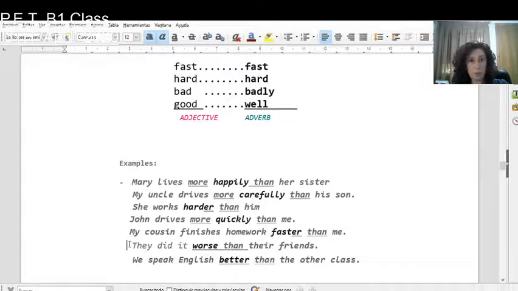They did it worse than their friends, and we speak English better than the other classes. All of them are adverbs. Why? Because it's the way she lives, he drives, she works, John drives, my cousin finishes, they did, and we speak. We are describing actions, we are describing verbs.